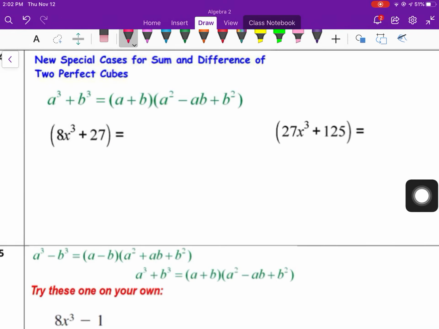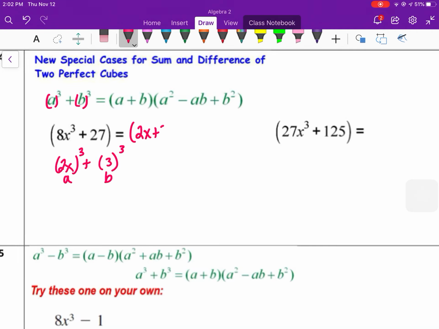So 8x cubed, if I rewrote this, breaking it down, 8x cubed would be the same thing as 2x cubed, and then 27 would be the same thing as 3 cubed. So if I'm looking for my a and my b, a is going to be 2x and b is going to be 3. Then substituting a and b into this equation. So a plus b would be 2x plus 3.